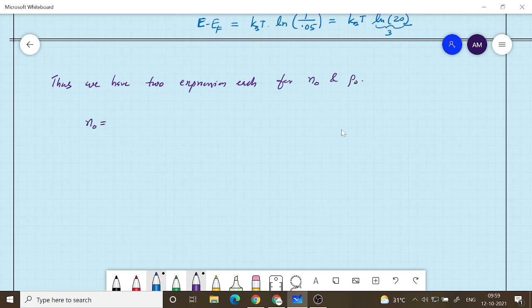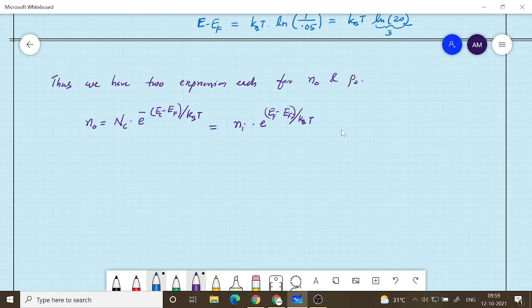First one is N0 is equal to NC into e raised to minus (EC minus EF) by kBT. And then just now I found out that it can also be written as Ni into e raised to some positive quantity, that is (EF minus EFI) by kBT.